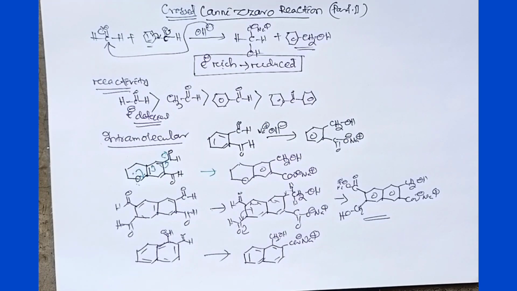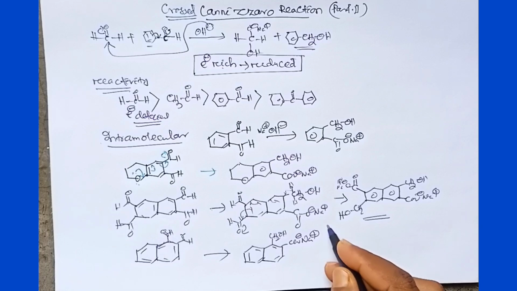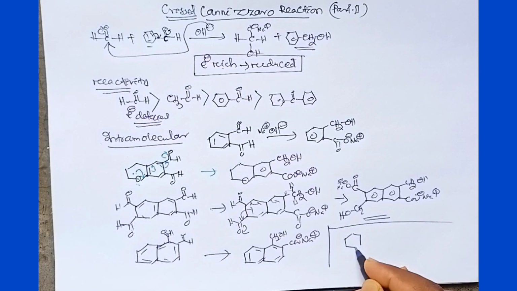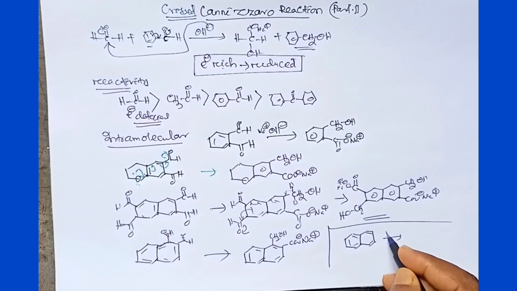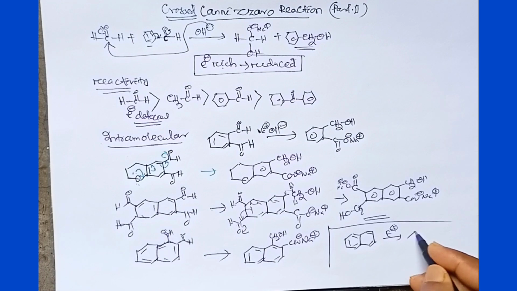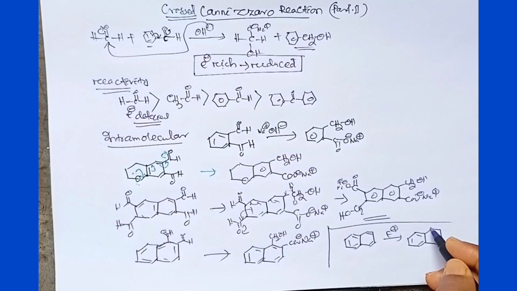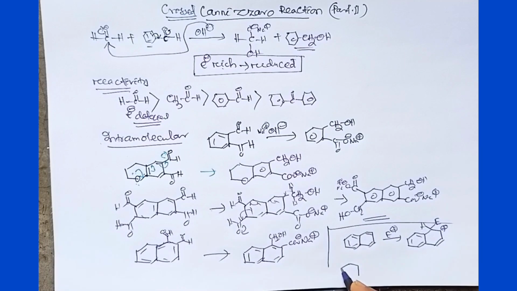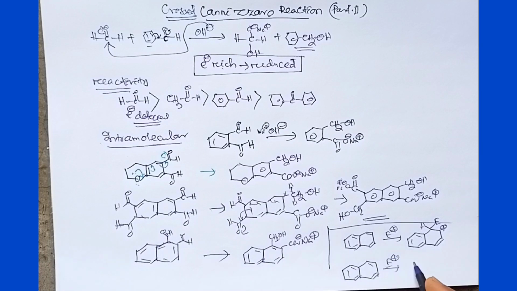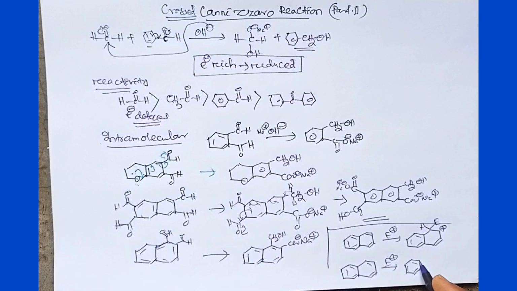Because for this case we can see, if we show the electrophilic substitution reaction, then what will be the resonance hybrid? Suppose in place 1 I am showing the substitution reaction, and the same case if I am showing the substitution reaction in place 2, that means the beta position.